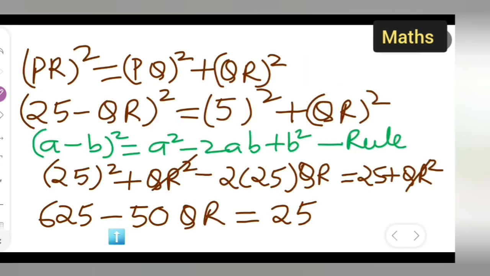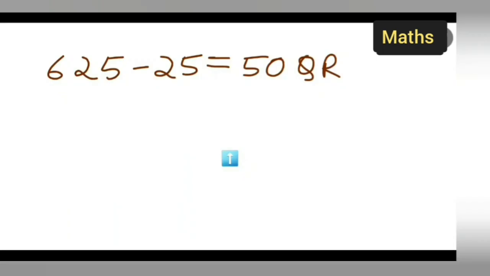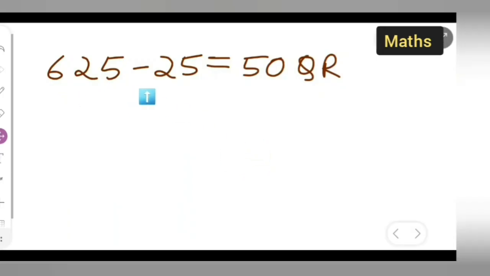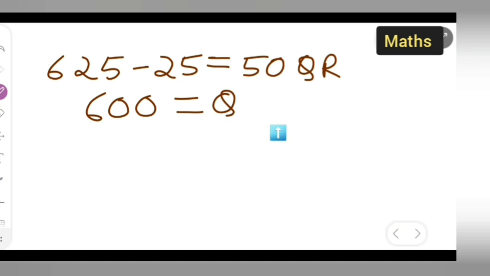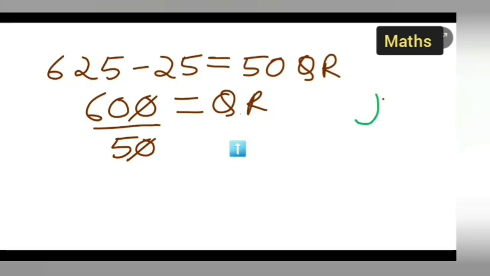What I have done is I have taken this minus QR to the other side, so it becomes plus QR, and here it becomes minus 25. 625 minus 25 is going to give you 600, which is equal to 50 QR. Now take this 50 down. Cancel the zeros. You can just divide 60 by 5.